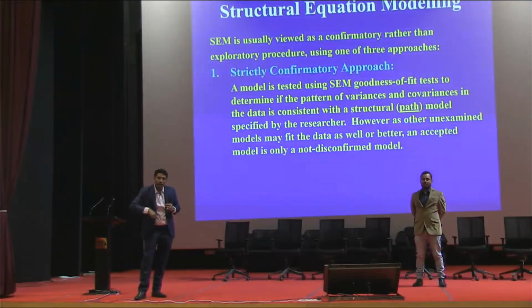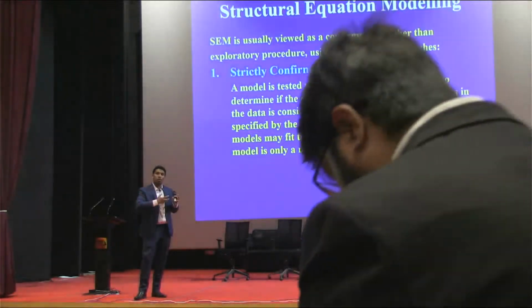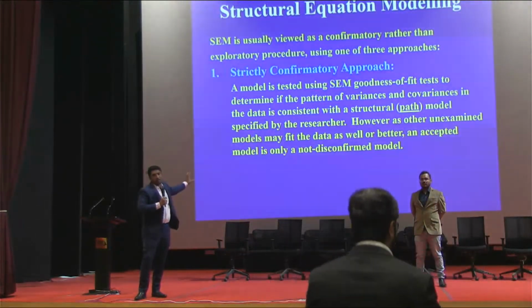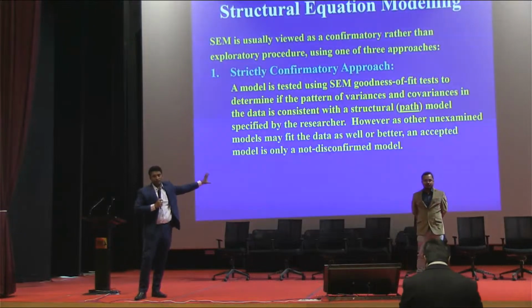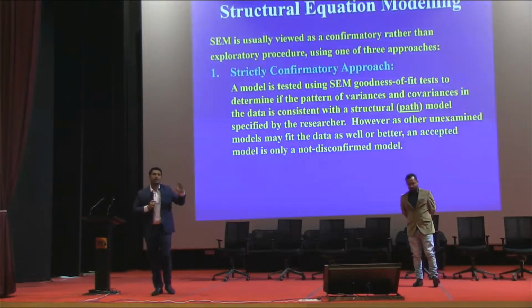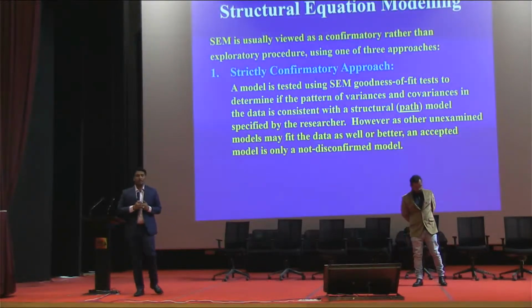Now you collect data again and go to CFA. But CFA remains the same thing: you are testing the relationship between observed and unobserved variables. You are predefining which observed variables load under which unobserved variables. Whenever you predefine such relationships, it simply becomes confirmatory factor analysis.